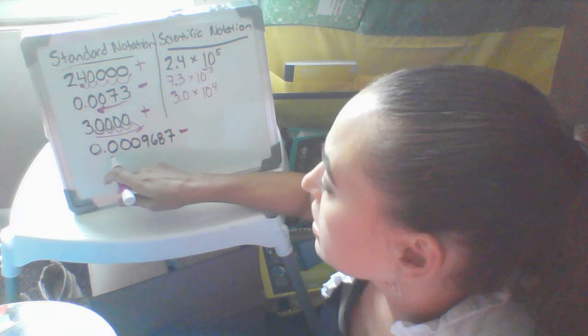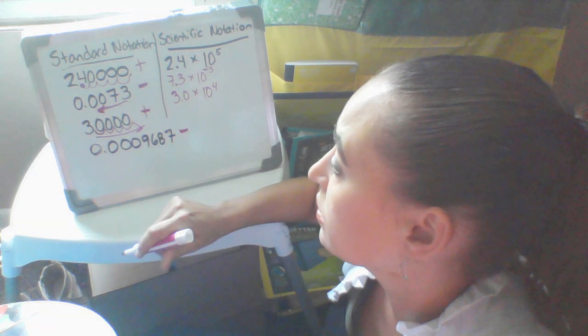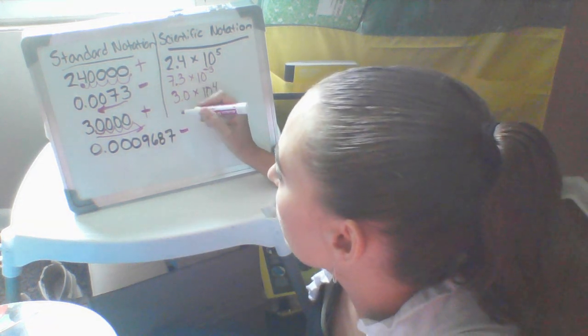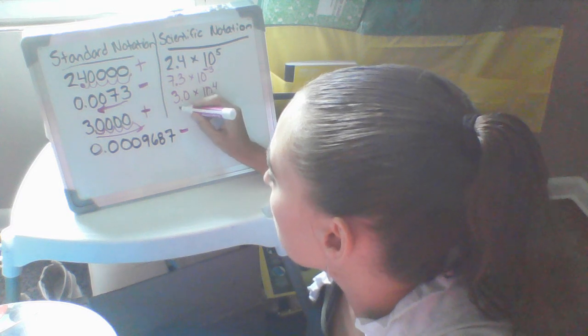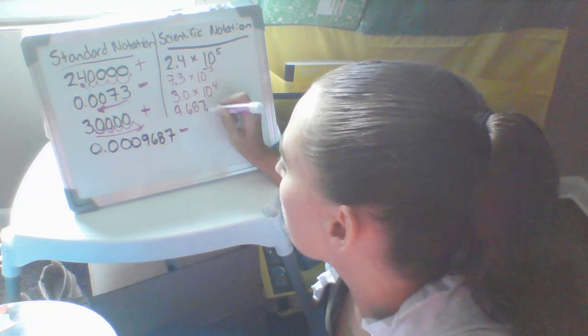This one, again, you have to include all of the non-zero digits. That's really important. You have to include all of the non-zero digits in your first number. So my first number is going to have to be 9.687.